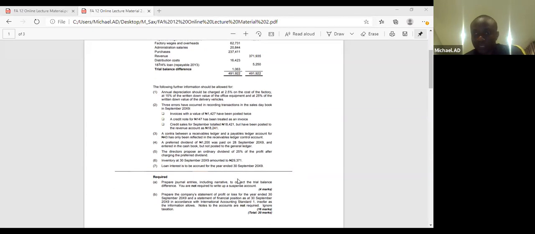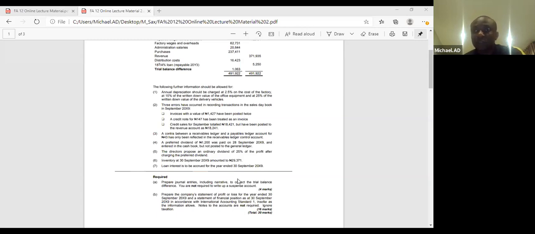We have a lot of additional information towards it. The first part says that annual depreciation should be charged at 2.5% on the cost of factory, 15% of written down value of office equipment, and 25% of written down value of delivery vehicles. Two, three errors have occurred in recording transactions in the sales day book.